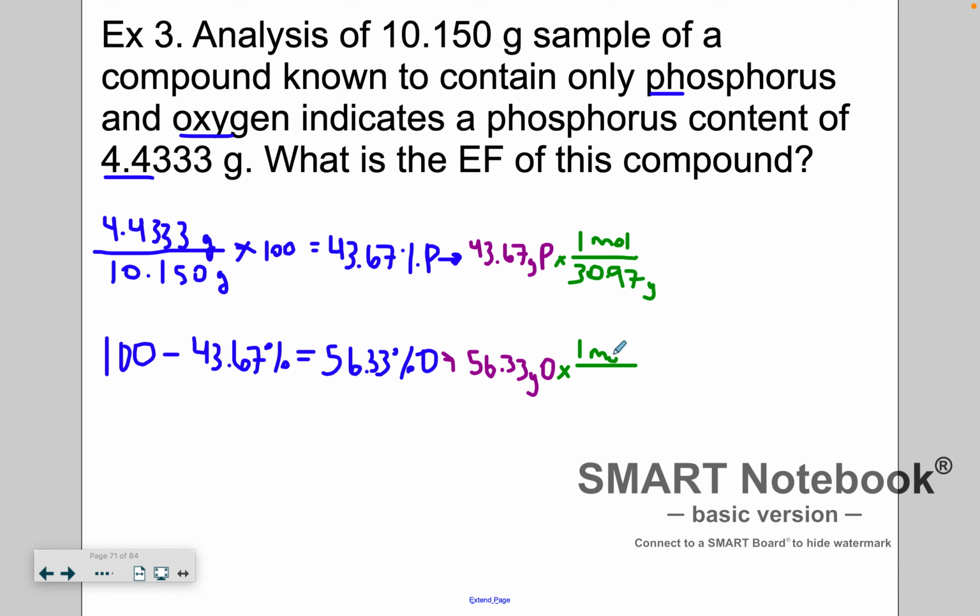And then convert the 56.33 grams of oxygen by dividing by its molar mass. So 1 mole of oxygen is 15.99 grams. Okay, now I'm going to punch this into my calculator. 43.67 divided by 30.97, I get 1.41. And then for the oxygen, 56.33 divided by 15.99, I get 3.52.